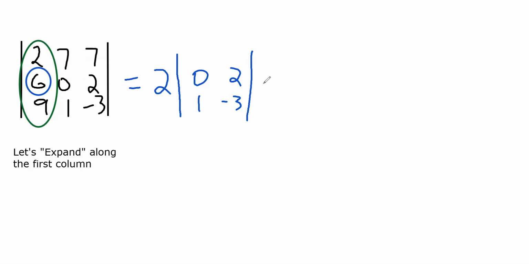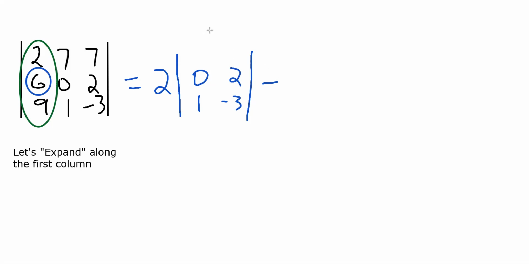But there's a weird little rule that we need to do now, subtraction. We take the first entry of that column times the determinant of the leftover business. Then we subtract the next thing we're going to do. Just like it was AD minus BC, now we're going to change signs, subtract.